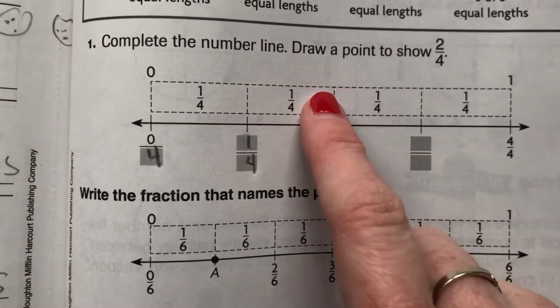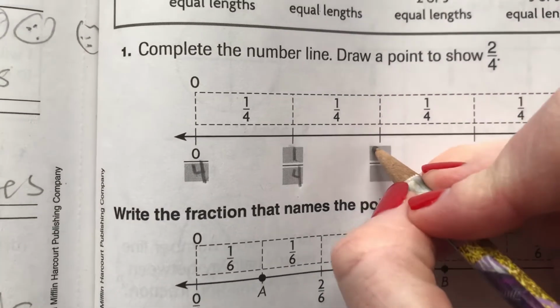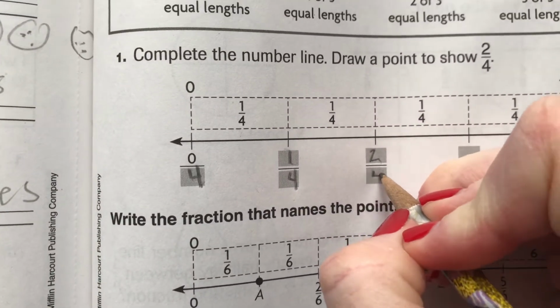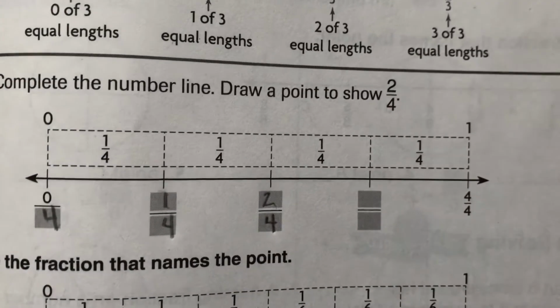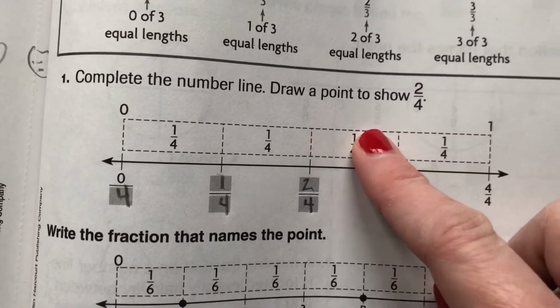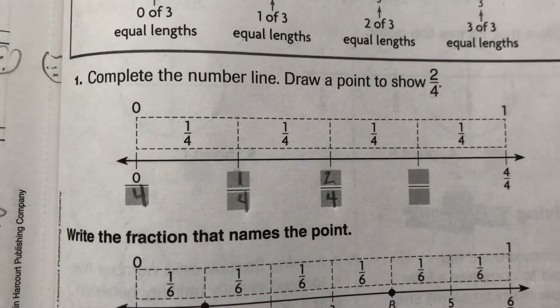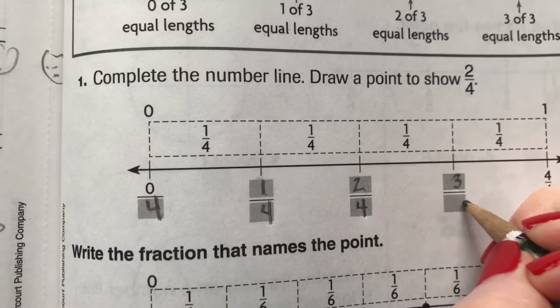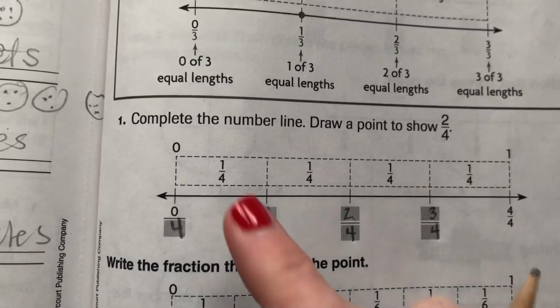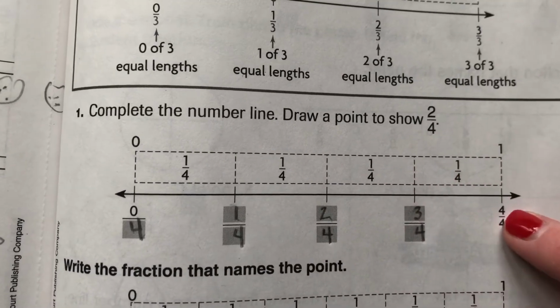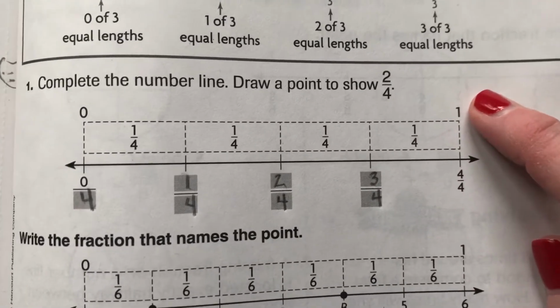I add another fraction strip, that's going to give me 2 out of the 4 that I need. Over here I have my 3rd fraction strip, which is going to give me 3/4. And then I'm going to add my 4th one, which is going to give me 4/4, or 1 whole.